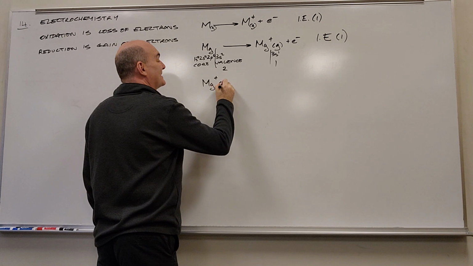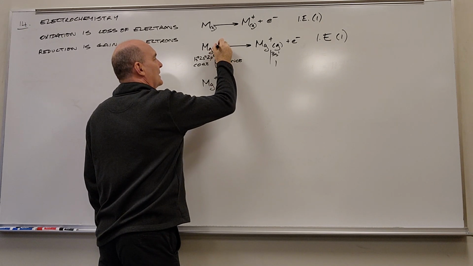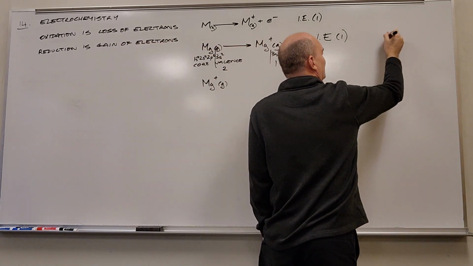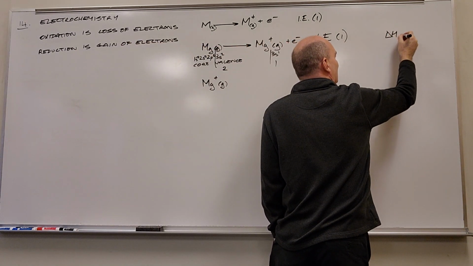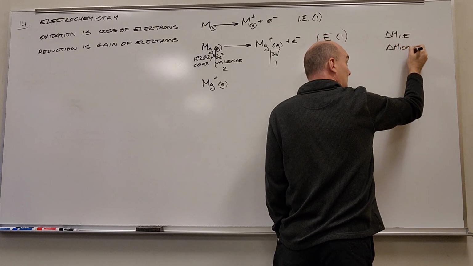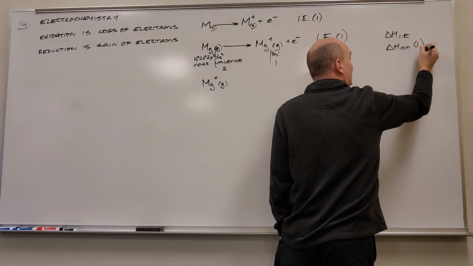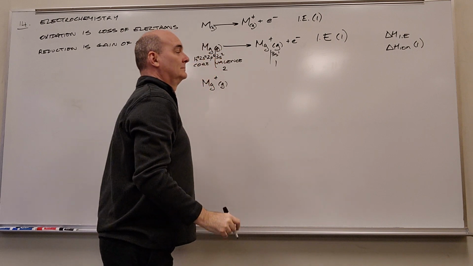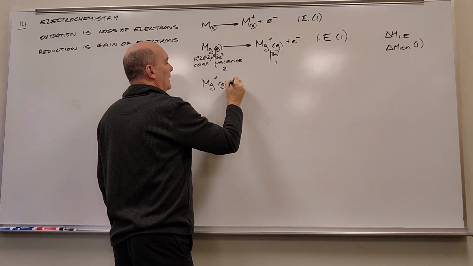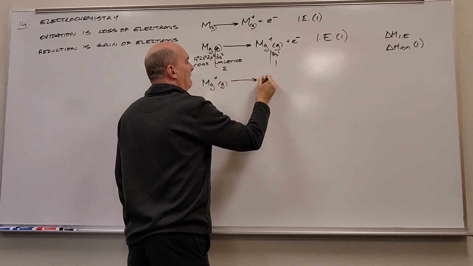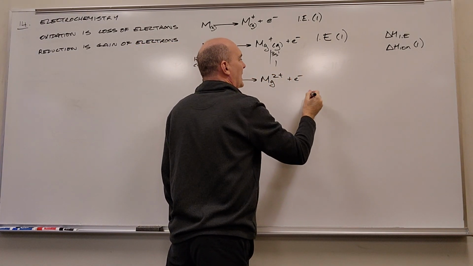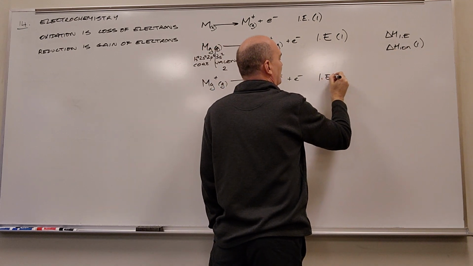So there is a second step. This is always, if we're going to measure IEs, also known as delta H IE or just delta H ion, for 1. There's the second loss of an electron.